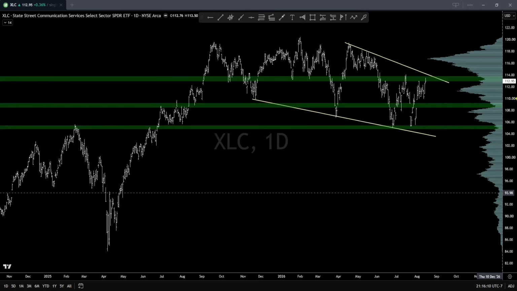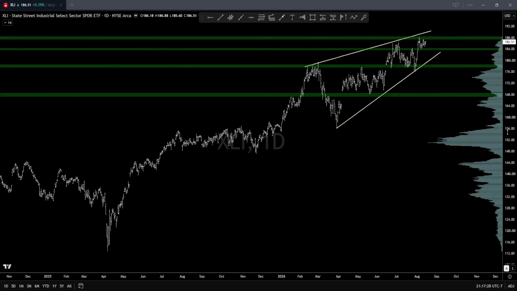And here in the industrial, it's also coming up near the top of this trend line here. So maybe we could see a little bit of a push up into this upper trend line. But again, it is at a level that you do not want to chase long. If you are in a long position, then just ride it as high as it could go before it starts showing some sort of resistance.